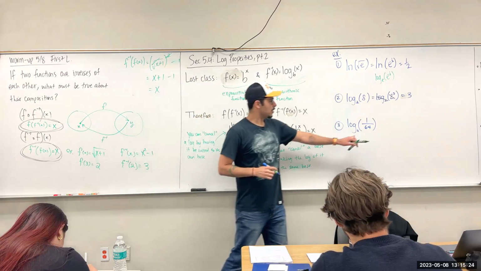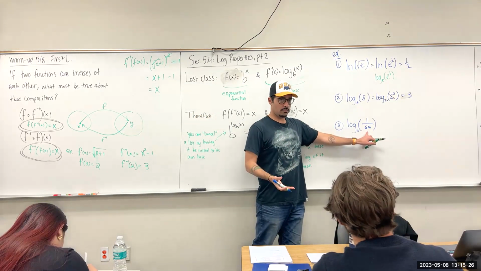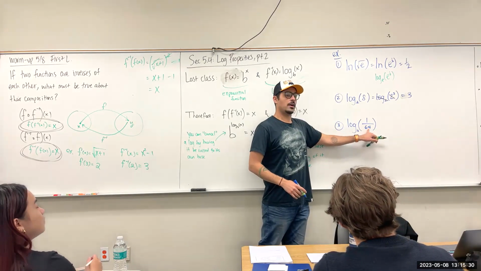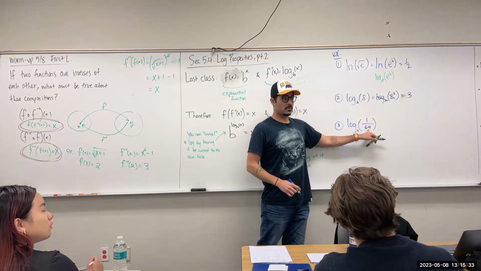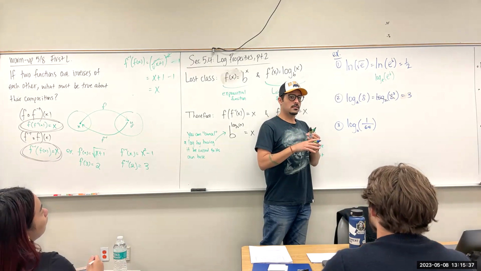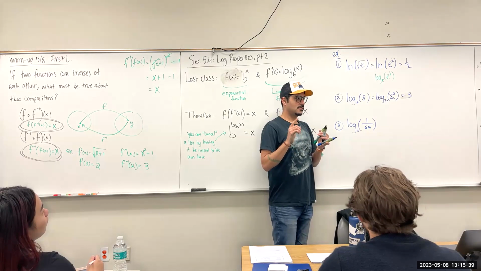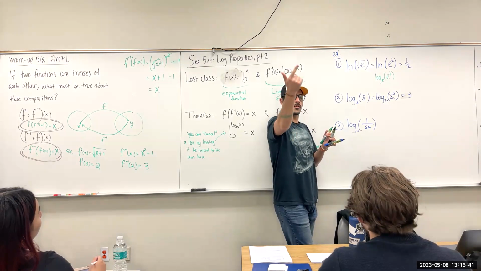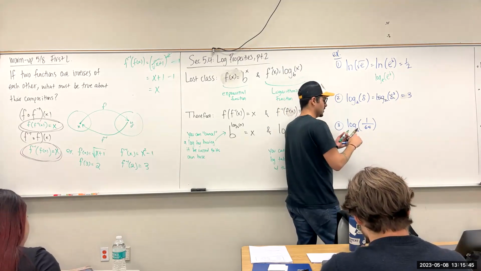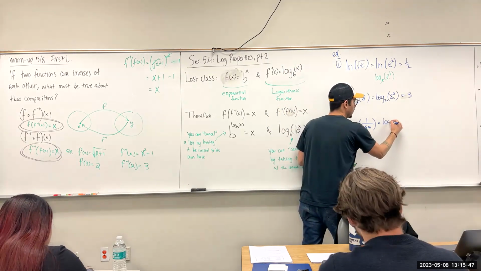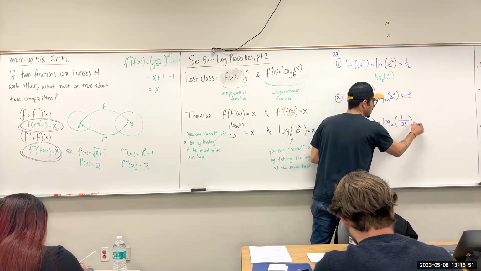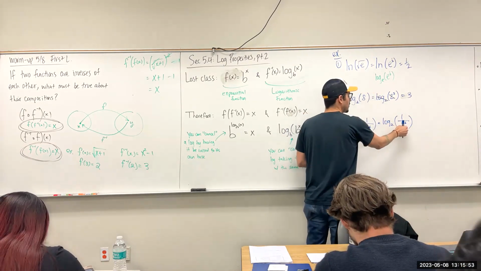Can we write 1 over 64 as a power of 2? That's the goal. Can you write 64 as a power of 2? 2 to what power is 64? Close. Let's see, it's 2, 4, 6. It's 6. Okay, 6. So this is really log base 2 of 1 over 2 to the 6. But I don't want the base on the bottom, right?